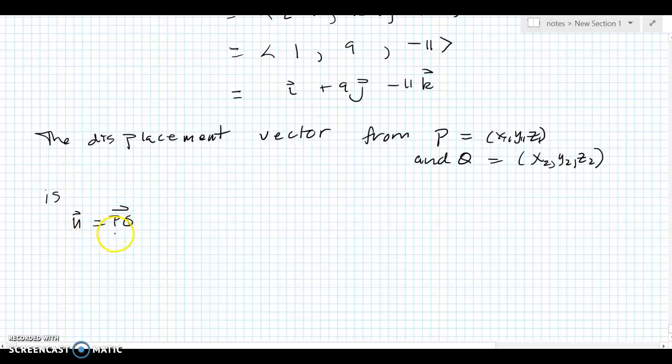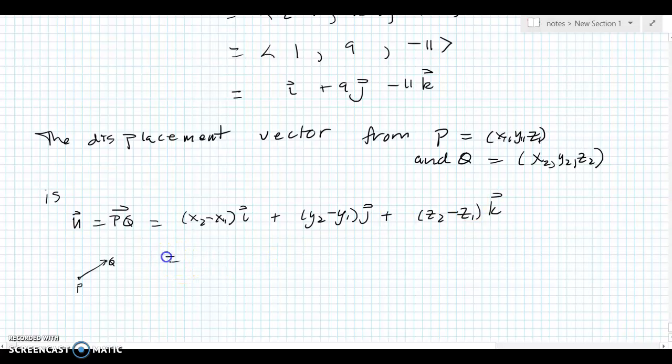So you kind of have to know where you're starting and where you're ending, because this means start, this means end. Otherwise, you'd have to go backwards, because this is showing that we're starting at P and going to Q. Okay. And this is x2 minus x1 i plus y2 minus y1 j plus z2 minus z1 k, which of course you could also write as x2 minus x1, comma, y2 minus y1, comma, z2 minus z1. There you go. All right.